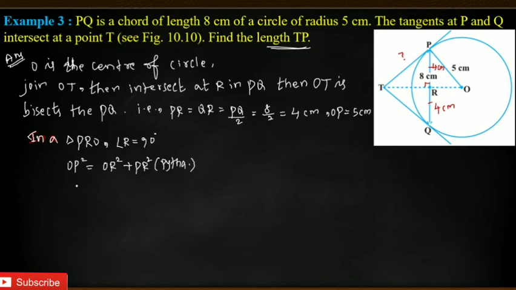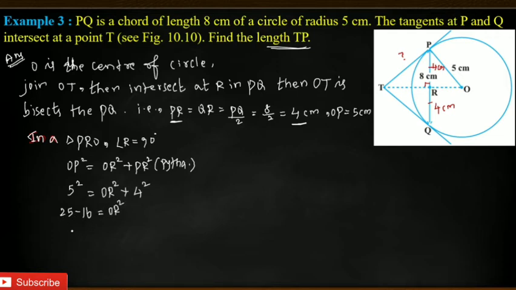Children, OP value we have is 5 centimeter. So 5 square is equal to OR square, which I don't know, plus PR square, and PR is 4 centimeter. So 5 square is 25, and 4 square is 16. The 16 goes to the opposite side as minus 16, which is equal to OR square.